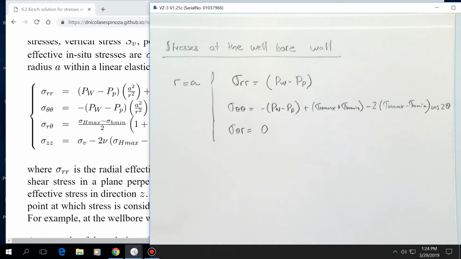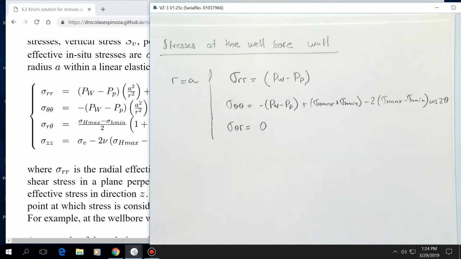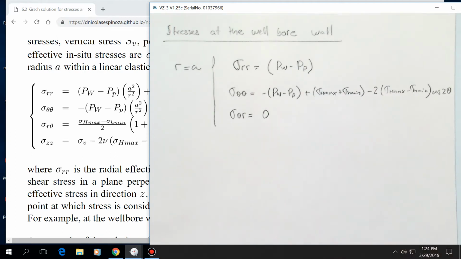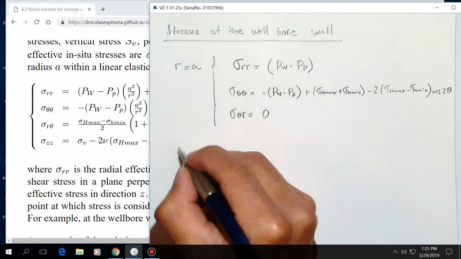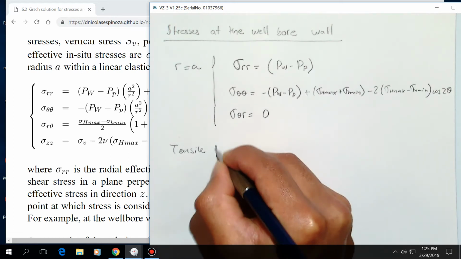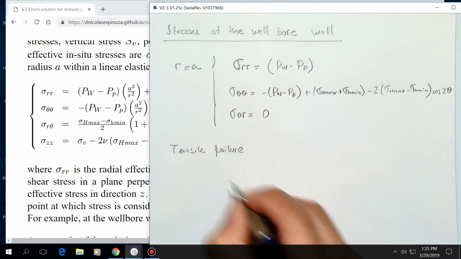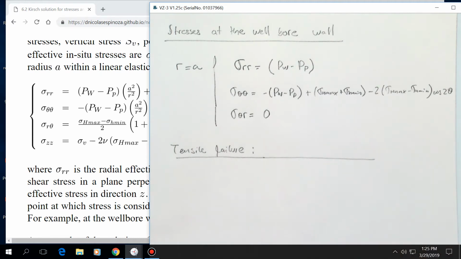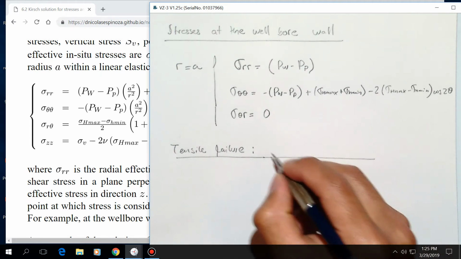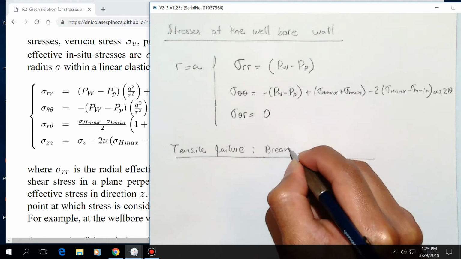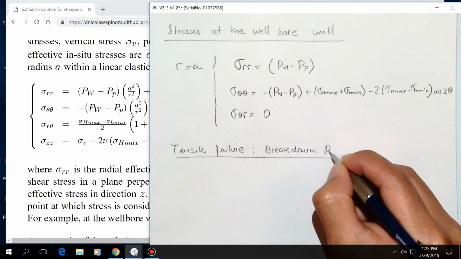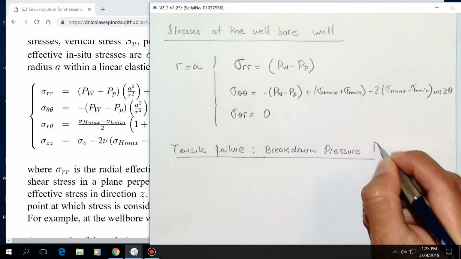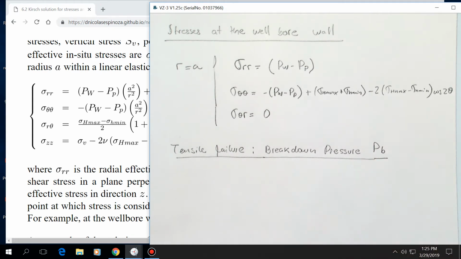Okay, so our objective now is to use these equations to tell when there is going to be tensile failure and when there is going to be shear failure. We're going to start with tensile failure. Whenever we get tensile failure in the wellbore, the pressure in the wellbore is called the breakdown pressure, and it goes by PB.